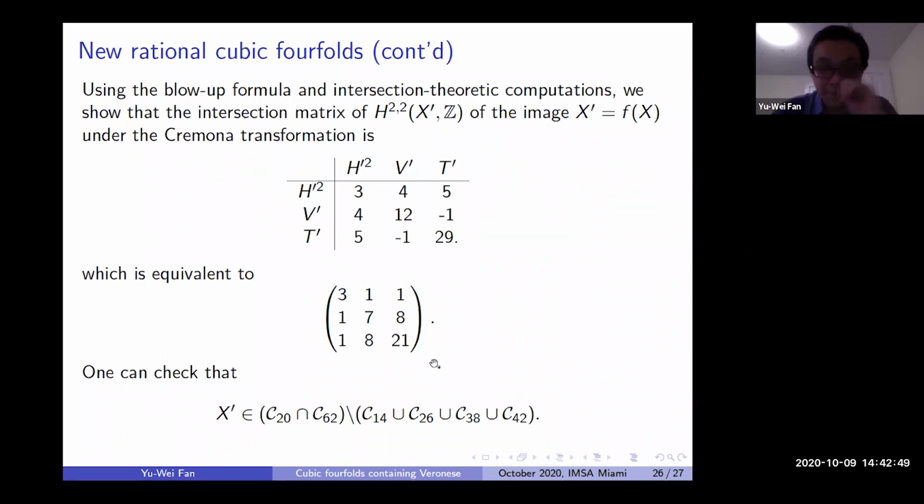If we look at the first and third rows and columns, we see this is a labeling with discriminant 62. One can check that there's no rank 2 sublattice with labeling with discriminant 14 or 26 or 38, 42. So we can use the Cremona transformations to produce some new rational cubic fourfolds.